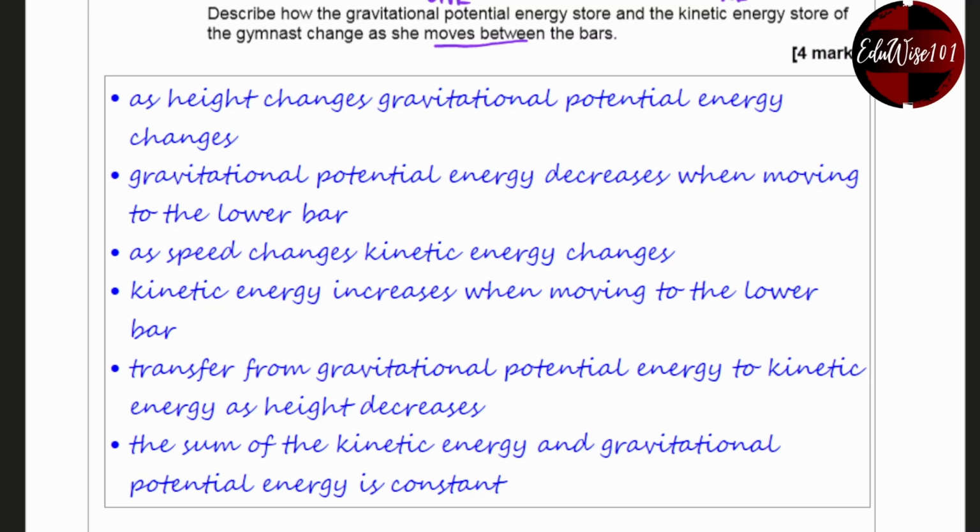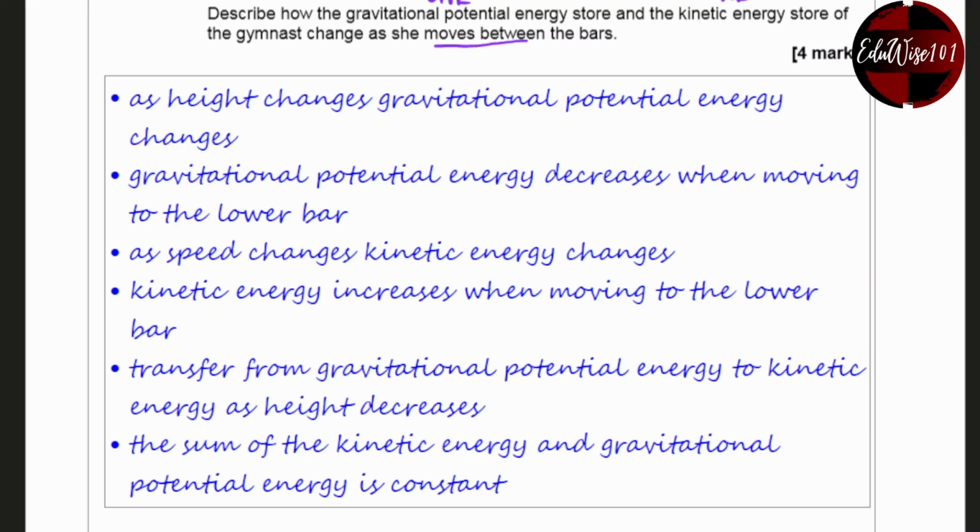As speed changes, kinetic energy changes. Kinetic energy increases when moving to the low bar. There is a transfer from gravitational potential energy to kinetic energy as height decreases. Now, the total sum of the kinetic energy and the gravitational potential energy is constant because energy is conserved here.